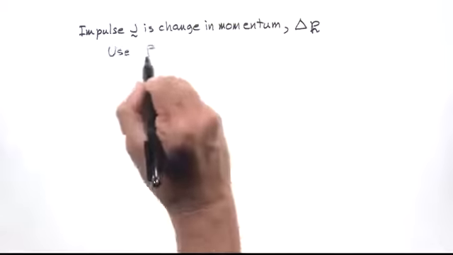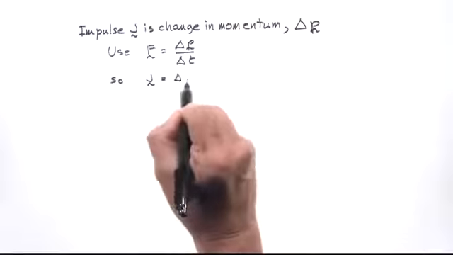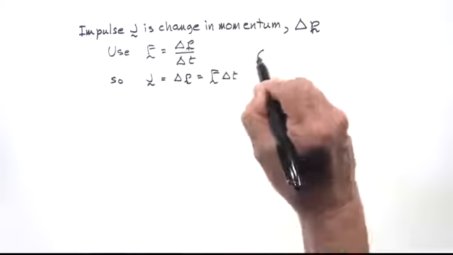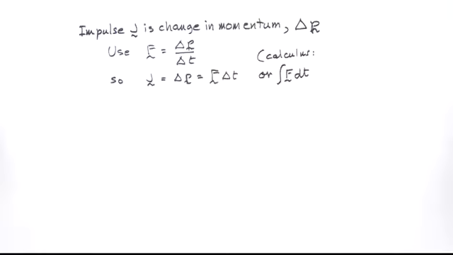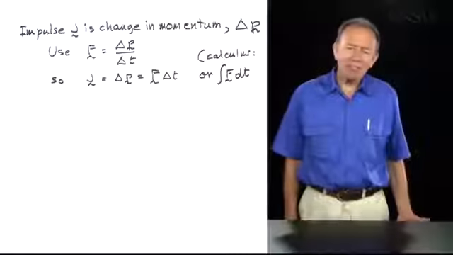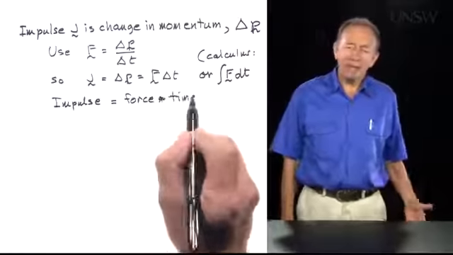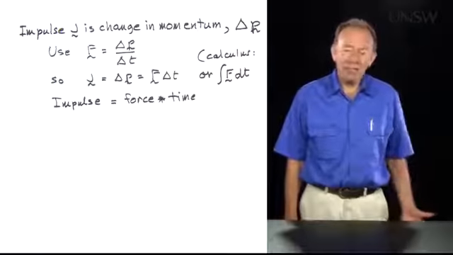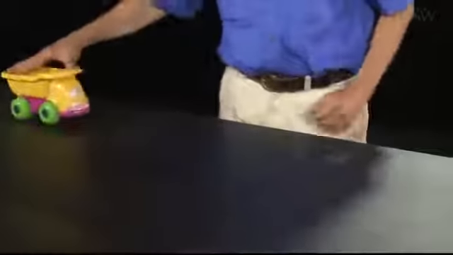Looking at Newton's second law, we can see that the impulse, or change in momentum, equals the average force times the duration, or, in the calculus version, the integral of F dt. If the impulse is just equal to the change in momentum, why do we bother with the name impulse? Well, the answer is that usually we think of momentum as the property of a body in motion, whereas impulse is what we give to it in a collision.